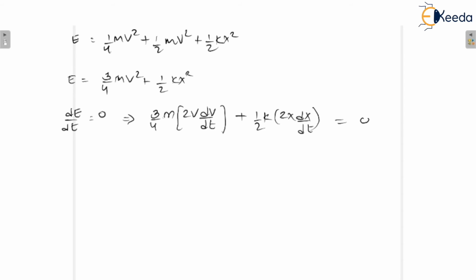Now it is equal to 0. You can see here that we can replace a, we know that a is equal to x double dot, which is equal to dv upon dt.